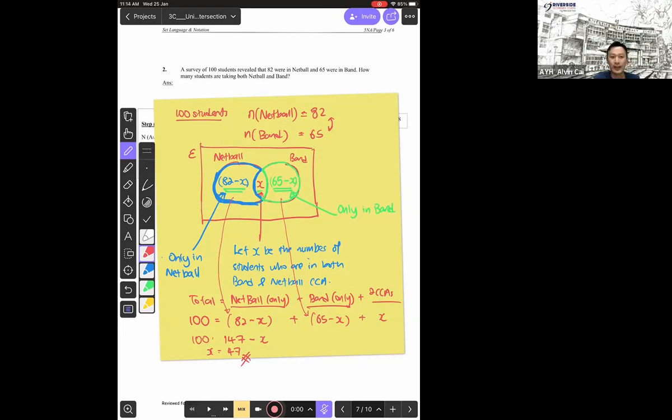Okay, so let that common element be X. Then from there, we find the number of purely netballers by minusing the X itself. So 82 minus X. And for the students who are just purely in band, 65 minus X. Then we can use these three elements, added all together, to equal the total number of students.